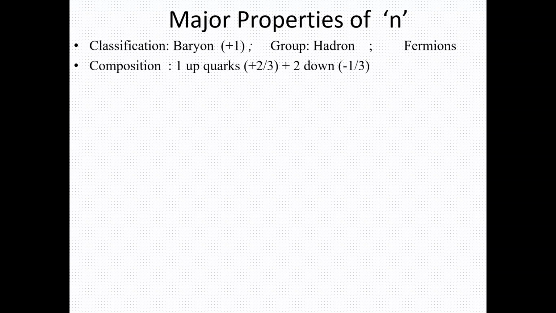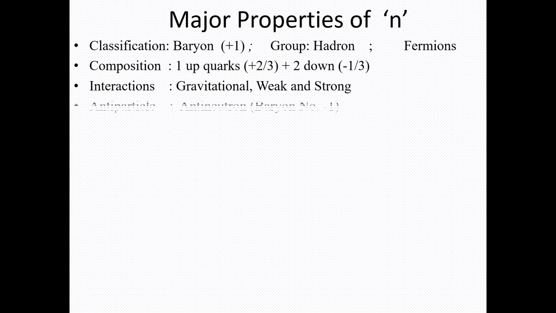The major properties of the neutron include that it is classified as a baryon in the hadron group, which are called fermions. The composition of the neutron includes one up quark with a charge equal to plus 2/3 and two down quarks with a charge equal to minus 1/3 each. The interactions felt by the neutron include gravitational, weak, and strong interactions.